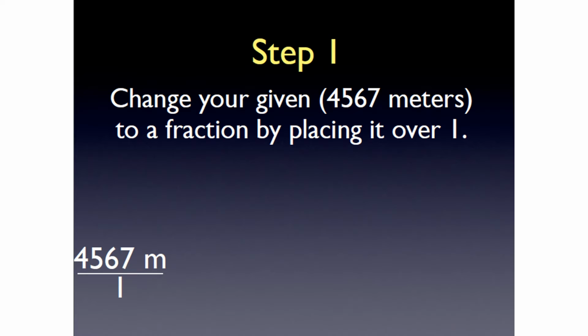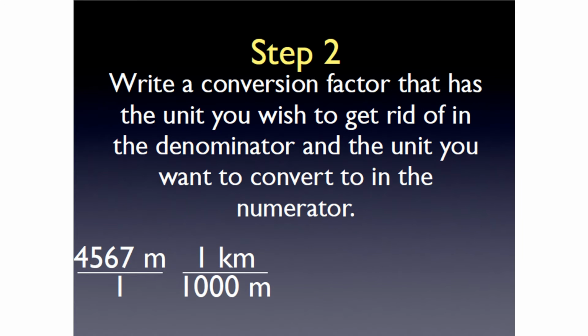So step 1, you change your given into a fraction simply by placing it over the number 1. Okay, so dimensional analysis, it's all about using fractions and units to get your final answer and converting the units. Okay, the first step is take your given, put it over the number 1 to make it a fraction. The second is to write your conversion factor that has the units you wish to get rid of in the denominator.